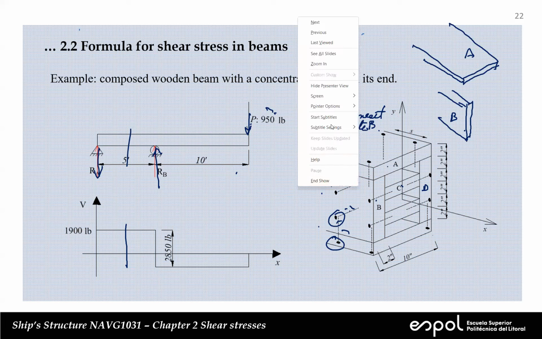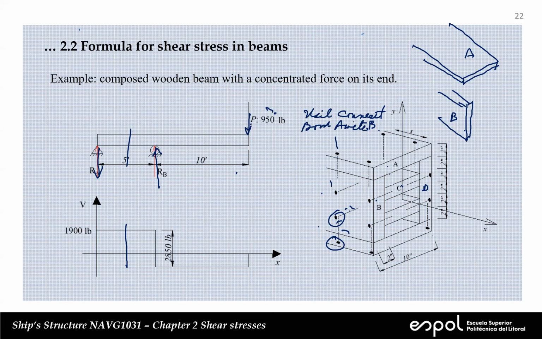So if we have shear stress on this part, on the board A, that will give us a force pointing in the minus Z direction. But we need to cancel. So how can we do it? The only way is to have another stress in this direction. So on one side it points to the right and the other points to the left, and then we cancel.